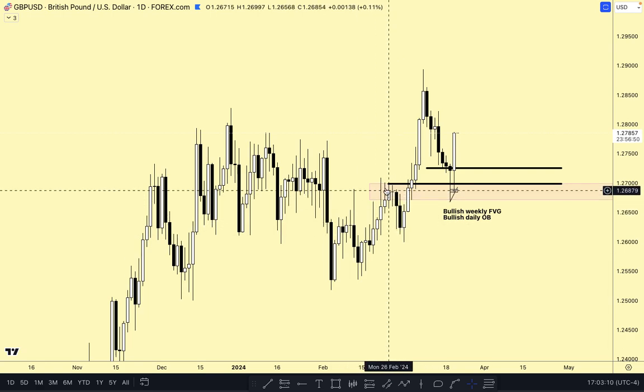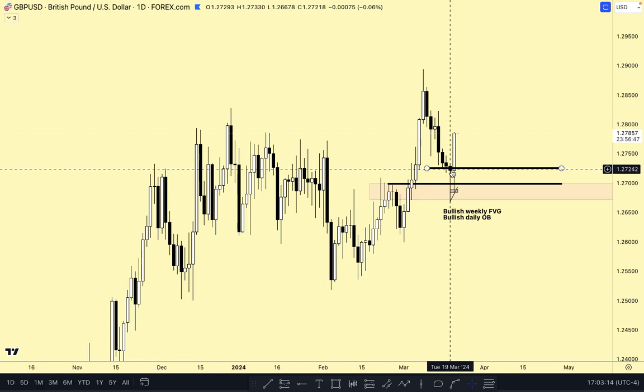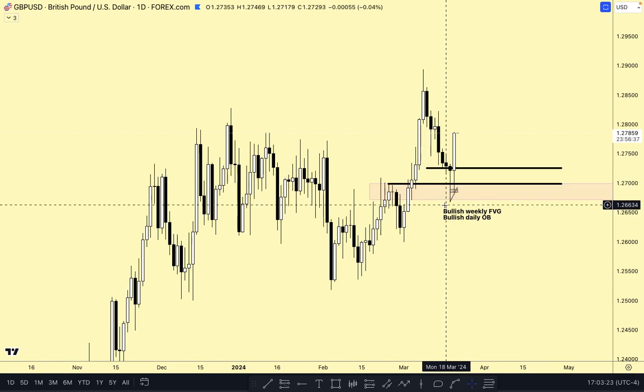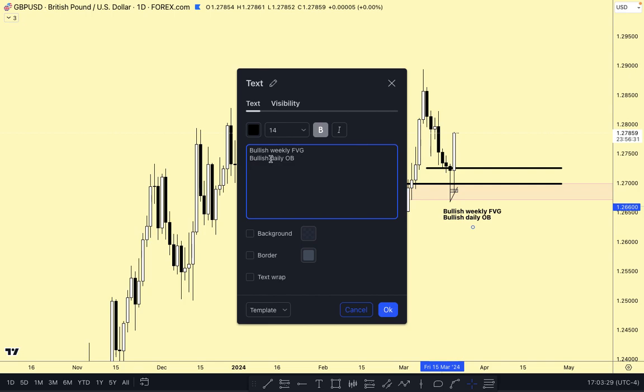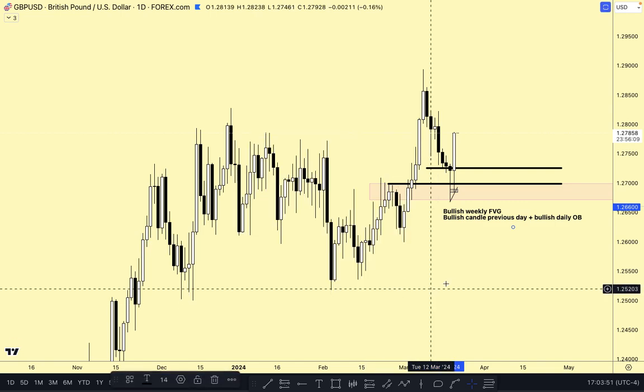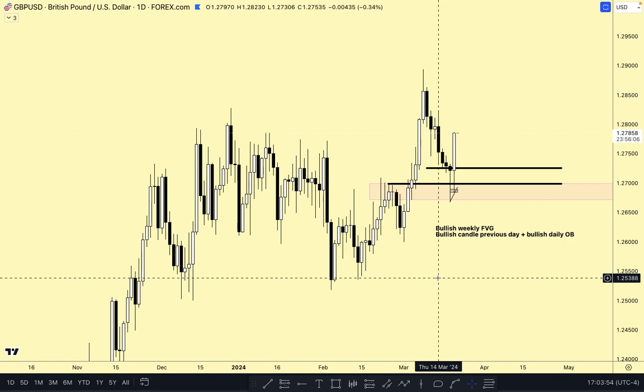See the order block there? Price yesterday, doji. Well, we printed a bullish candle yesterday. Let's go down to the 4 hour.